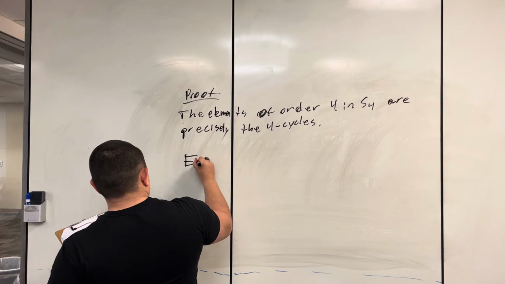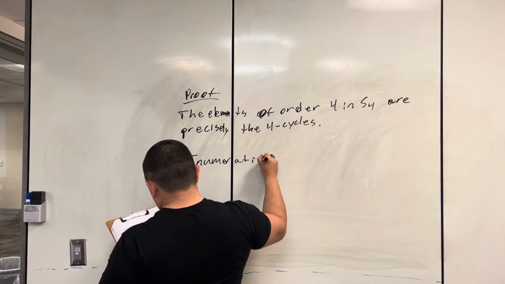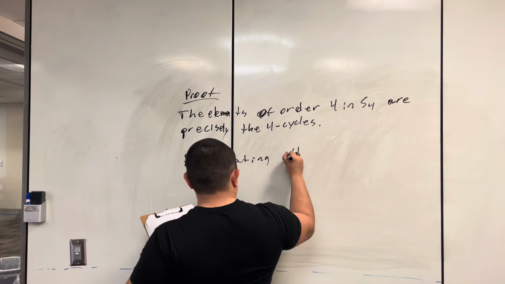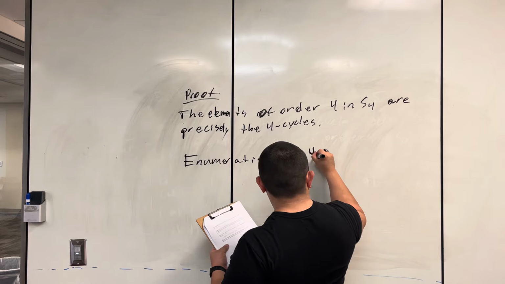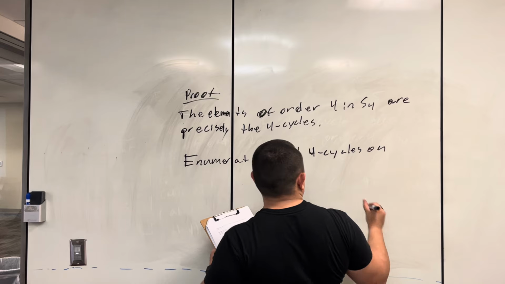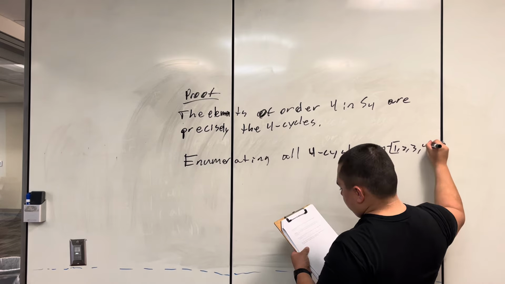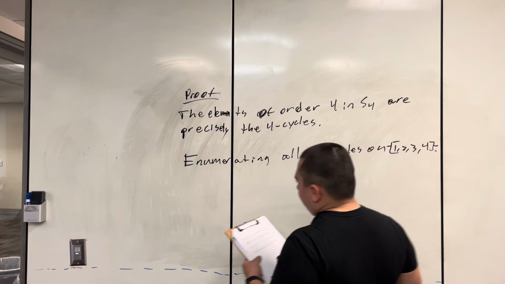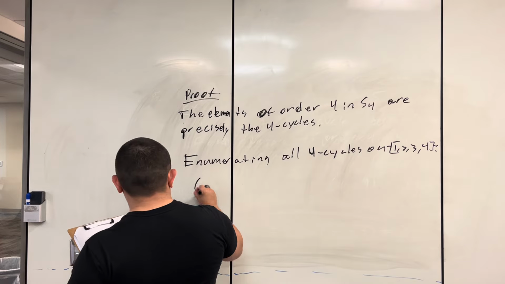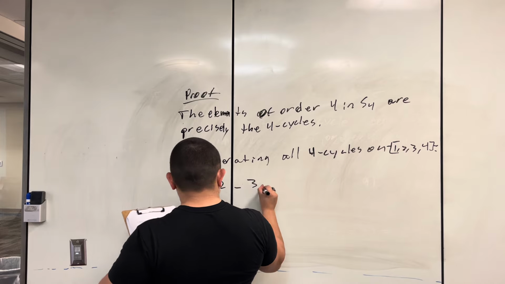Enumerating all four cycles on the set 1, 2, 3, 4. What does that get us? Well, that gets us open parentheses 1, 2, 3, 4.